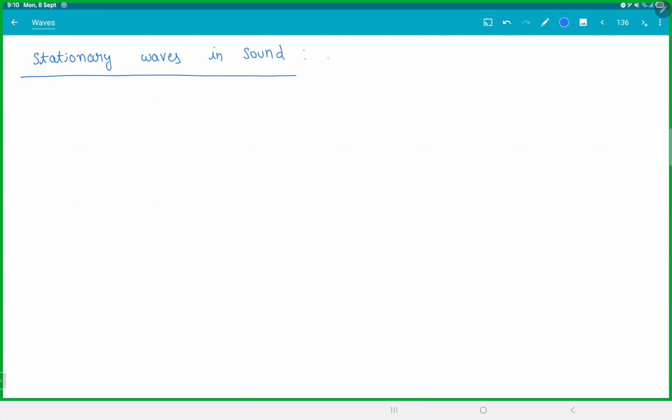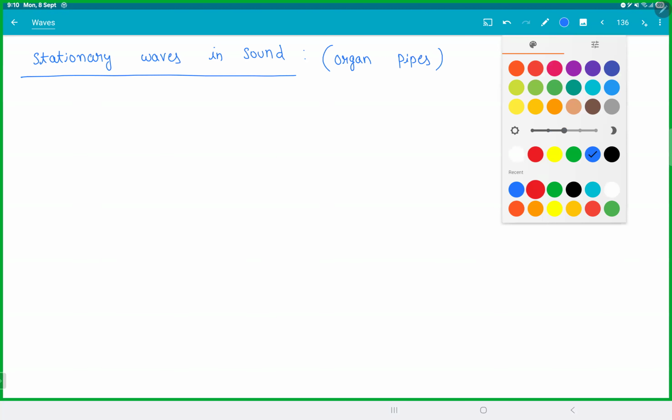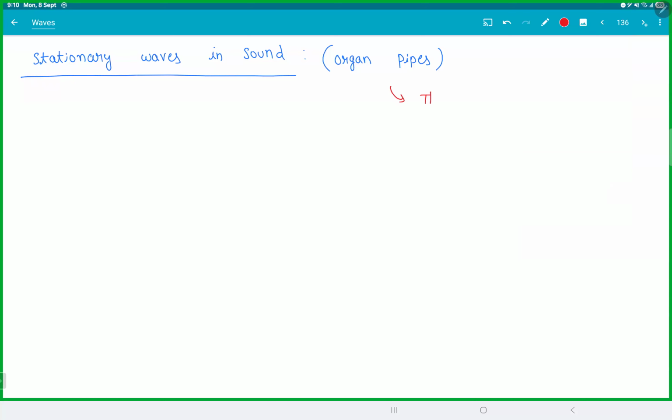Here the equipment name is organ pipes. So what are these organ pipes? These are actually thin hollow pipes. Whenever you think of them, the best way is to think of a flute. Flute is an organ pipe.